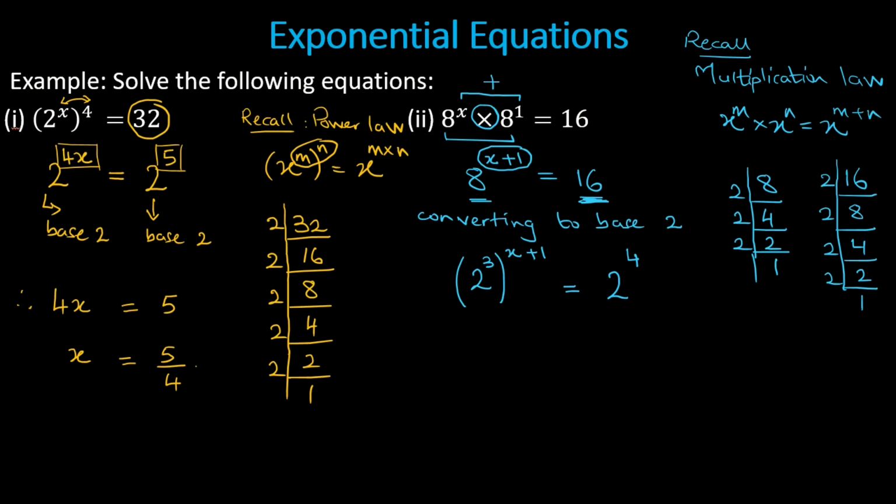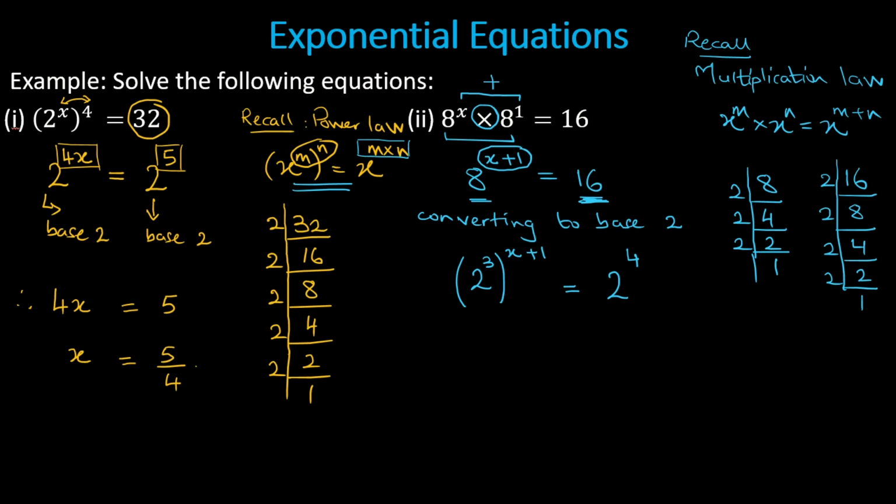The left hand side, we have 2 to the power of 3 to the power of x plus 1. You see, we have two powers, one after the other, like this. X to the power of m to the power of n. What do we do with the two powers?